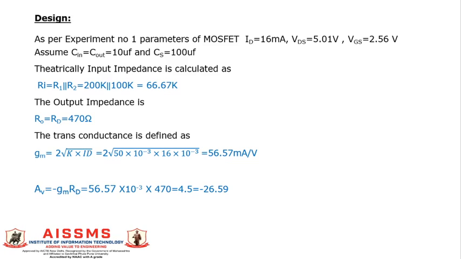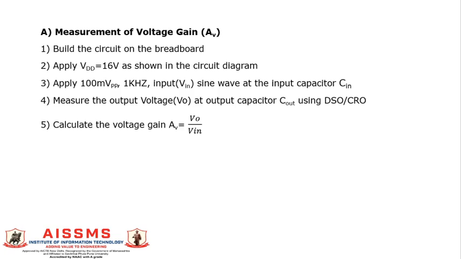AV, that is voltage gain, is calculated as minus gm into RD, where the minus sign indicates that it is a common source amplifier, that is output and input are out of phase, and hence the voltage gain is minus 26.59. Now we will measure the voltage gain.